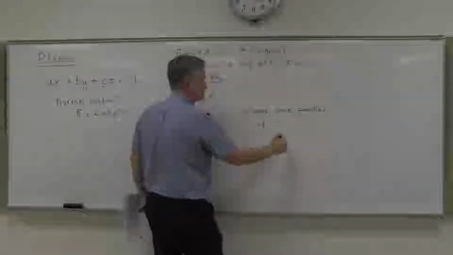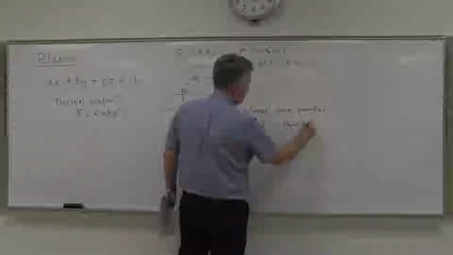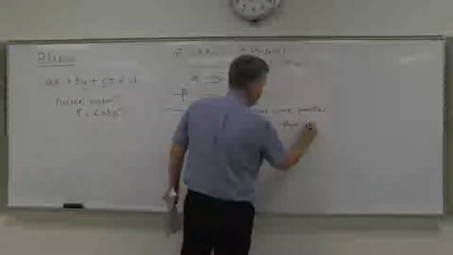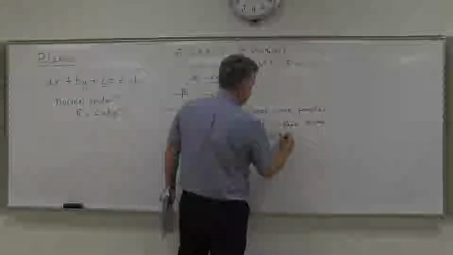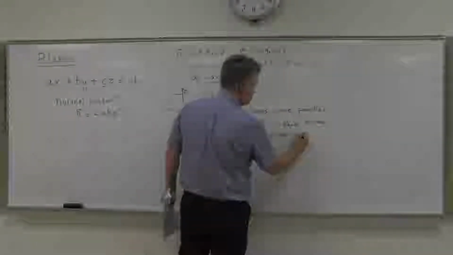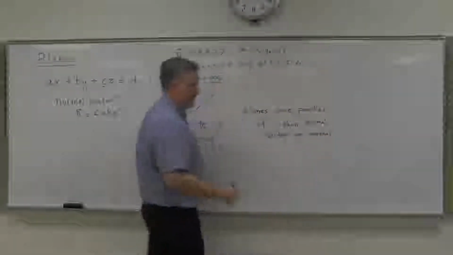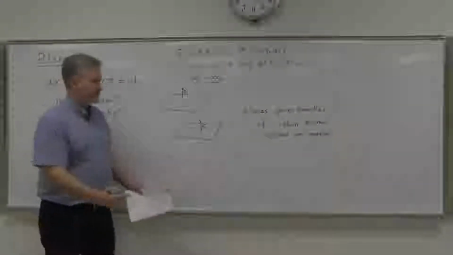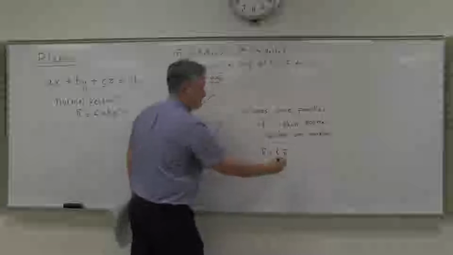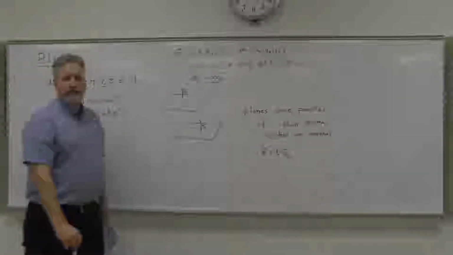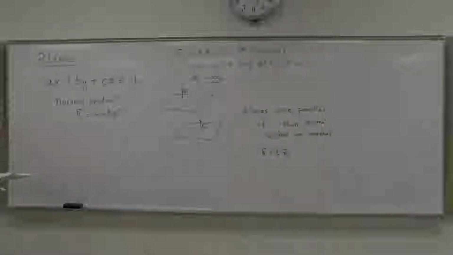So if their normal vectors are parallel, and remember, how do you tell if vectors are parallel? Well, one is a multiple of the other, vice versa. Right? That's what it means.